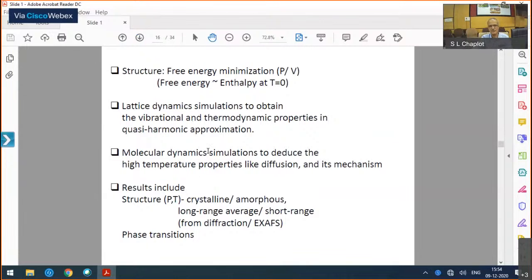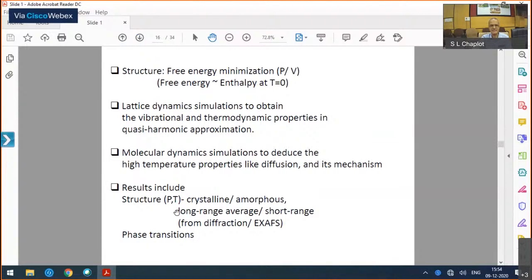So you can use this also to get the detailed phonon dispersion curves and density of states, and it will take fully into account the anharmonicity, not limited by the harmonic approximation, and can be more accurate at high temperatures. This also has some limitations. We'll talk about it at that time, but these are very important to deduce high temperature properties like diffusion and so on.